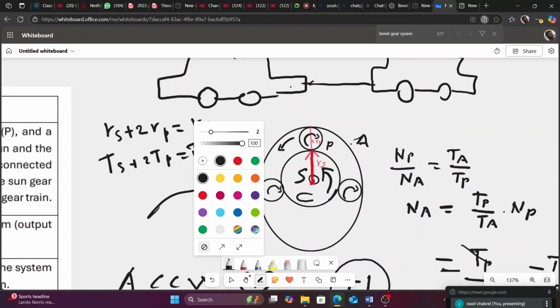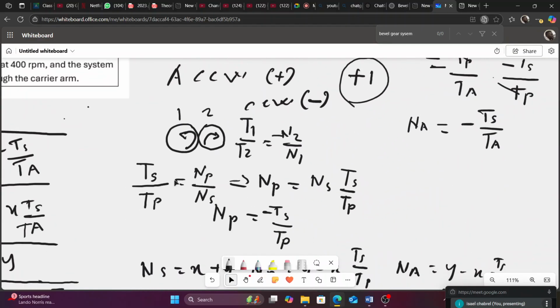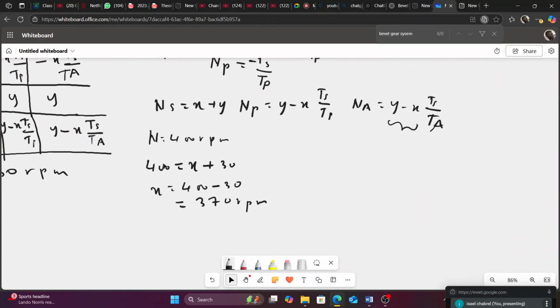Any question, guys? We have checked. No questions. Yes, we have found out that TS plus 2 TP give us TA. So what is TA? If you read again in the equation, everything was provided.